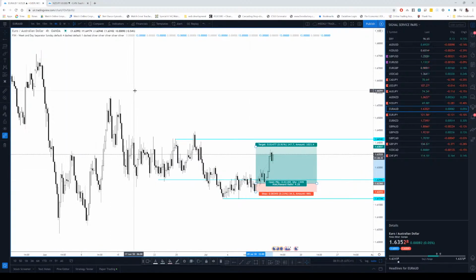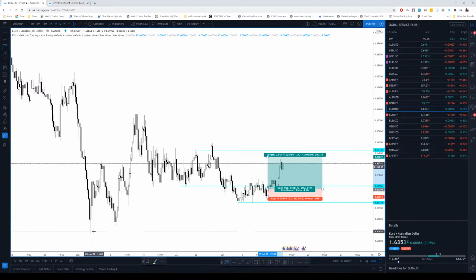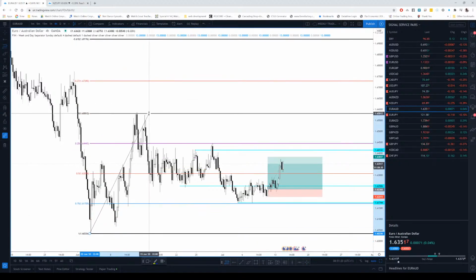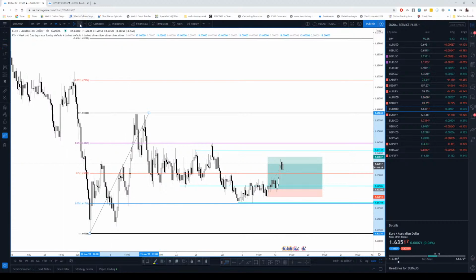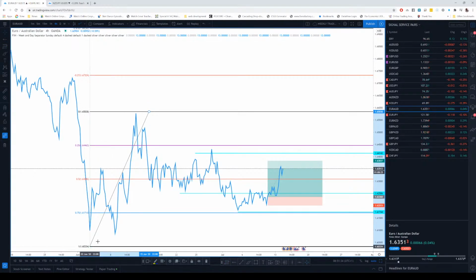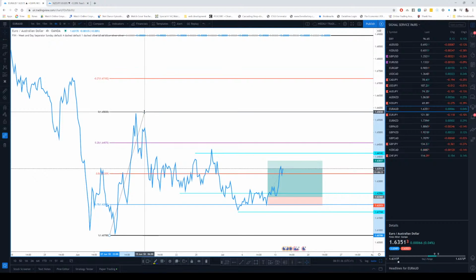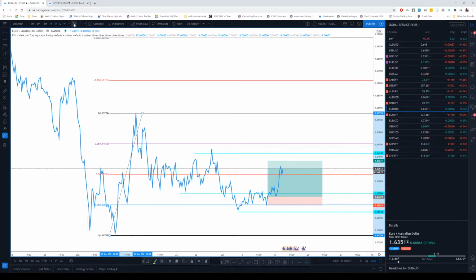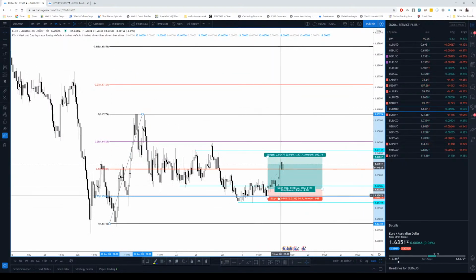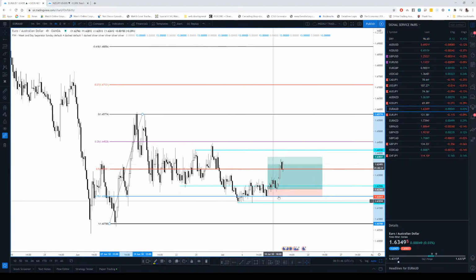Because we were sitting at a good level, below what is deemed as cheap, below the lower portion of this range.